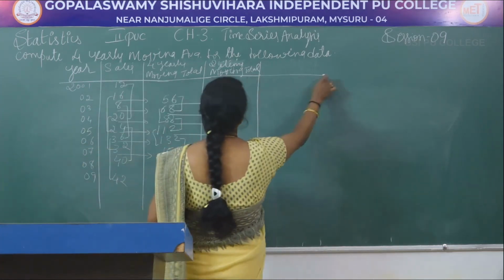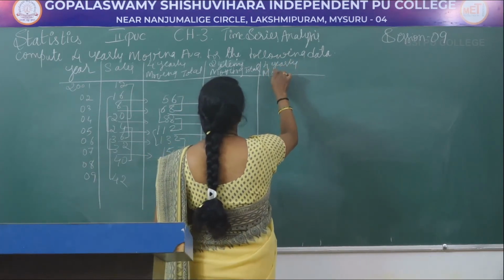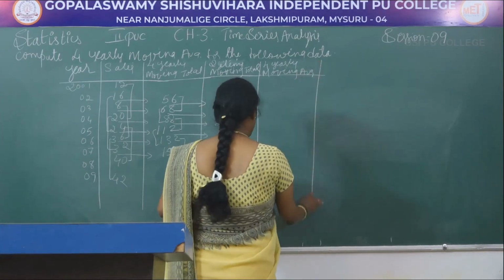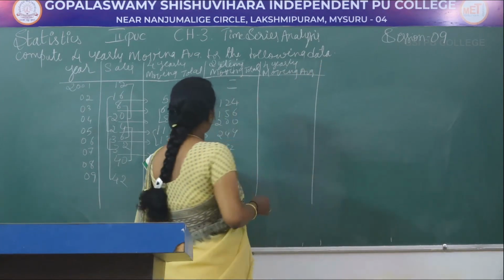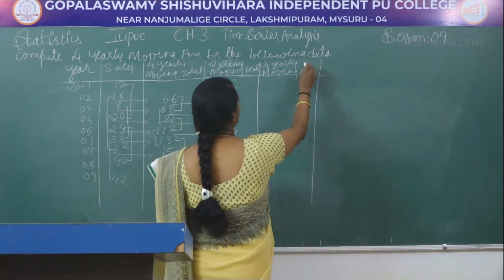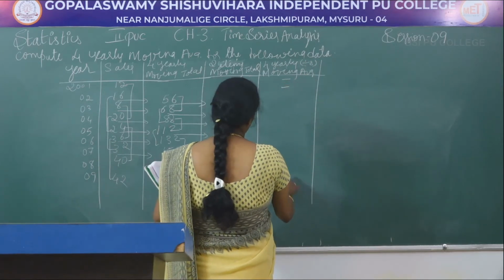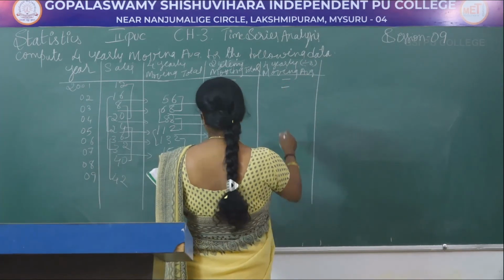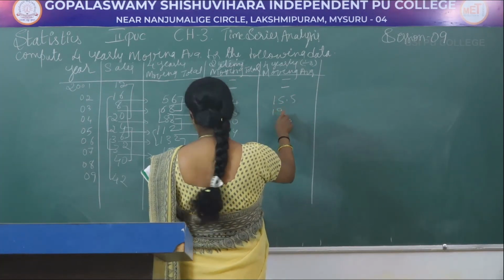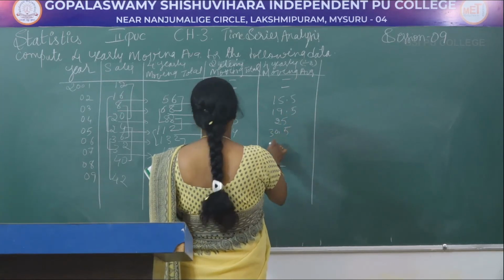Now the last column is 4-yearly moving average. I am dividing this column by 8, so that you will get the values. First 2 and last 2 years will be blank, and after dividing this by 8, the values are like this. So this we call trend values.